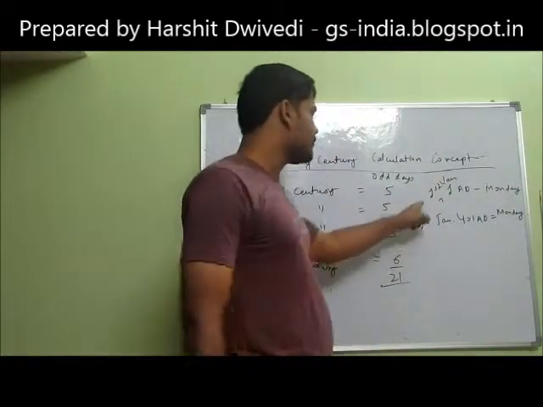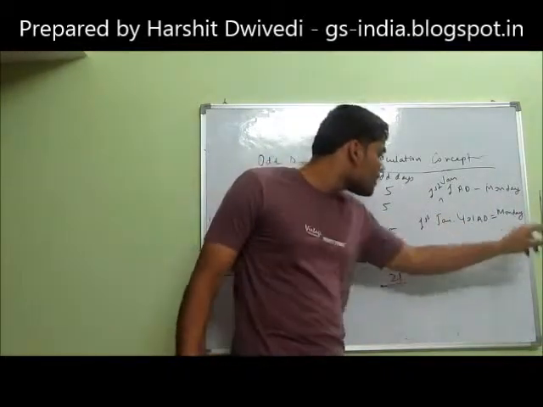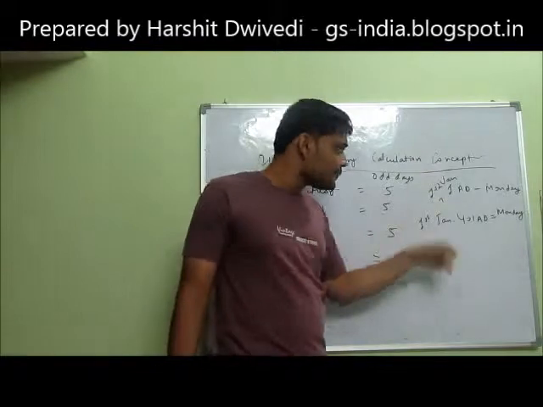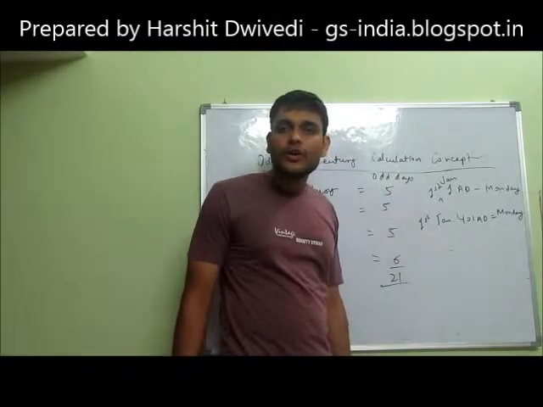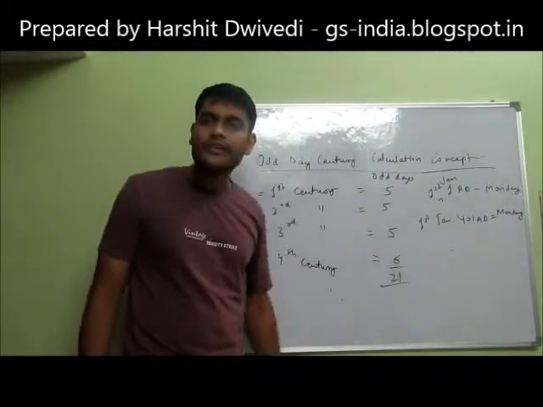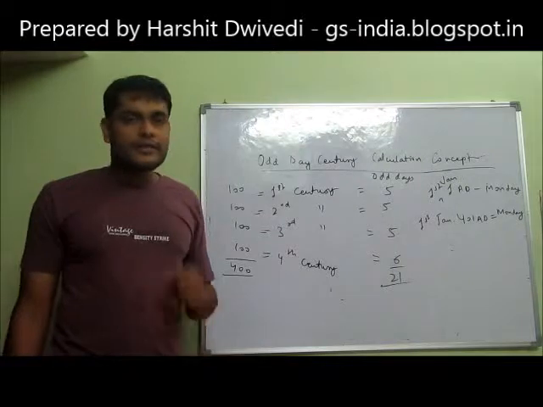Have a look. This is 1st January 1st AD. I told it as Monday. And if we have to calculate 1st January 401 AD, the intervening time is 400 years. In the first 400 years, the number of odd days are 21, and when I divided 21 by 7, I got the remainder as 0.